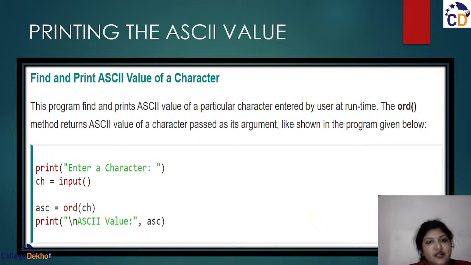Then we have the ASCII value. It is very important to know the ASCII value of a particular character. We need a function for this, that is the ord function, to print the ASCII value of any character that is taken as input from the user, right?